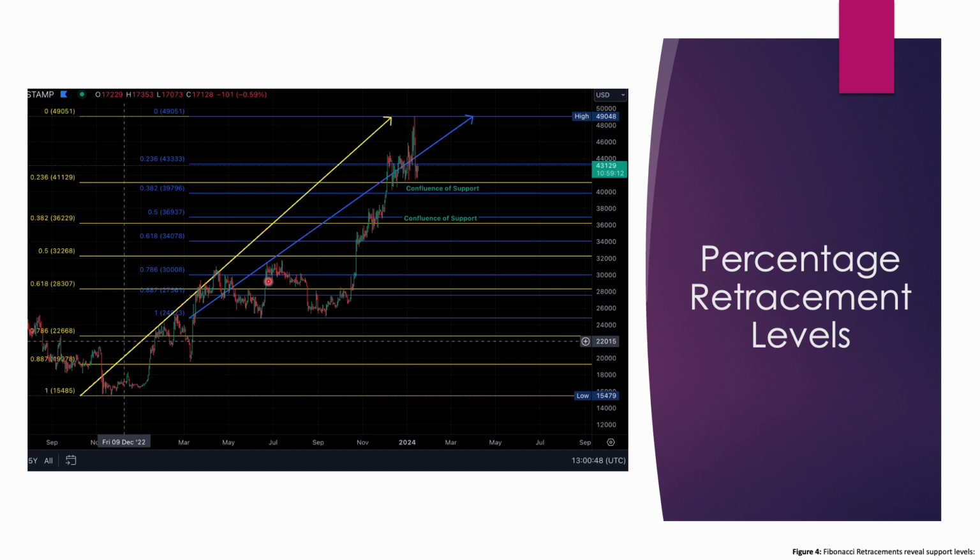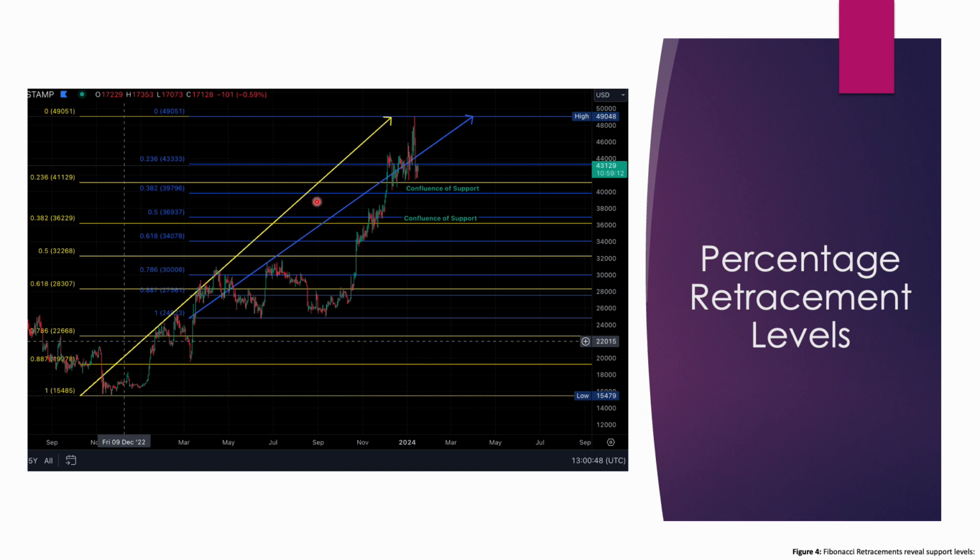And this should give us confluence around some levels, such as you can see that between, let's say, 40 and 41, we have the confluence of both of these fib levels. We also have an additional confluence of a horizontal price support level at around 40K. So we can see that this level is meaningful and it should provide support for price, at least in the short term. And it goes on and on like this.